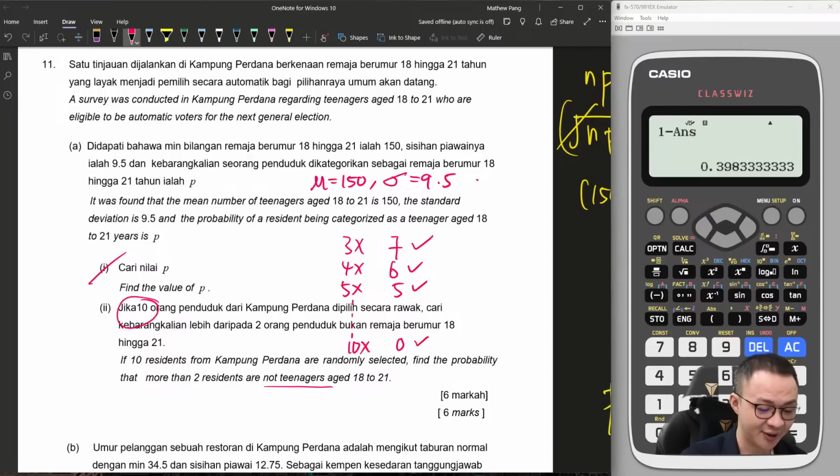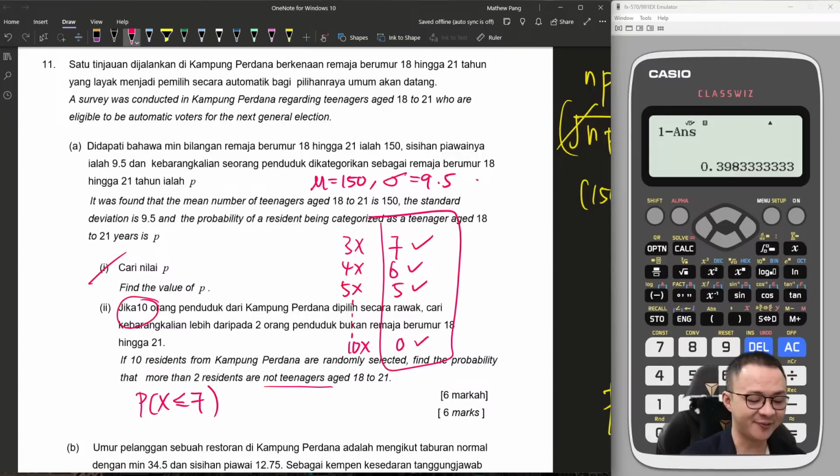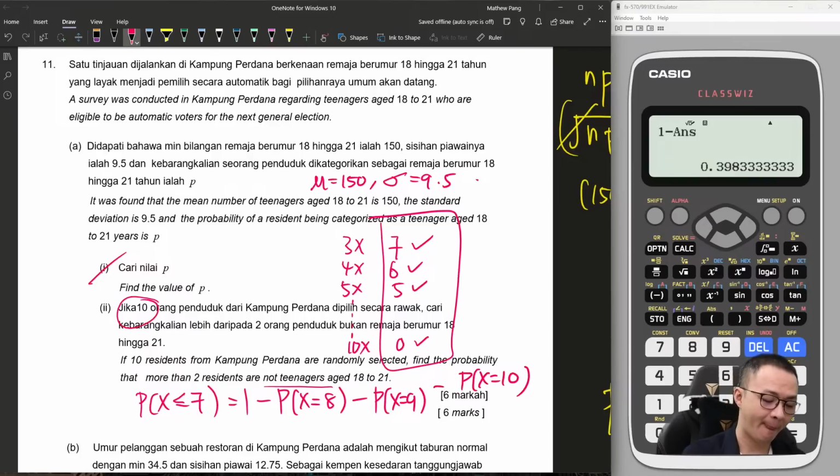So this one, if you don't want to change the p-value, sometimes I will just ask the student to change the p-value, it's easier. If I write the inequality, it is X is less than or equal to 7, isn't it? Because this is 7, 6, 5, 4, 3, 2, 1, 0. So in order to solve this one, I can use 1 minus probability X equals 8, minus the part I don't want, 9, and minus probability X equals 10.